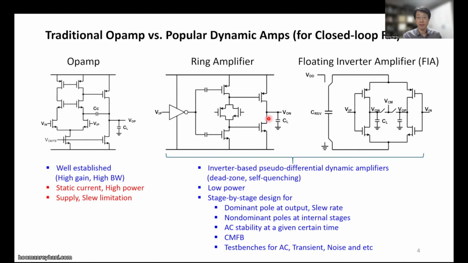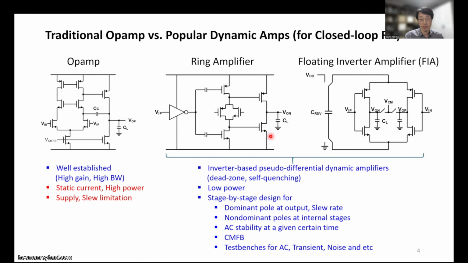So the design methodology will be pretty different from the operational amplifier when we design the ring amplifier and floating inverter amplifier. In the course, we will discuss a step by step design methodology for dominant pole setting and for a target slew rate.